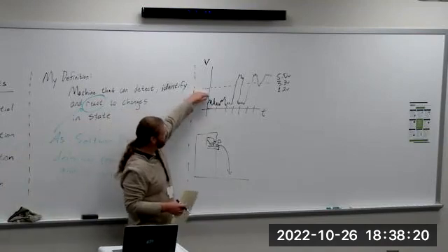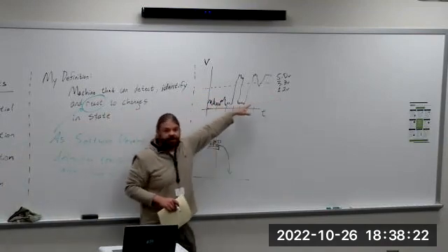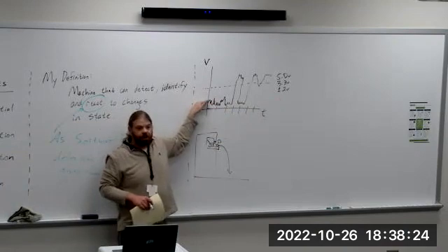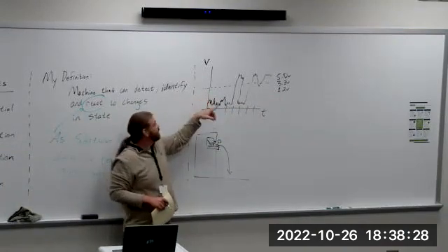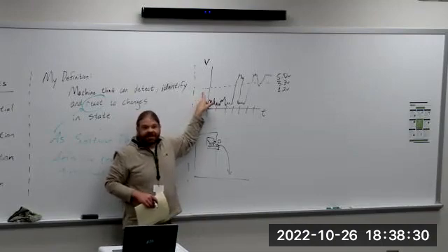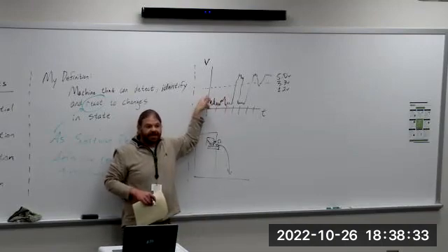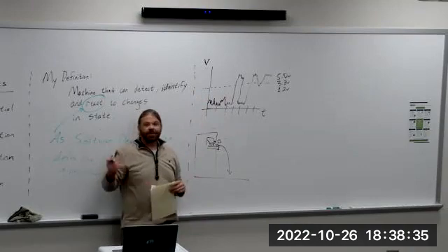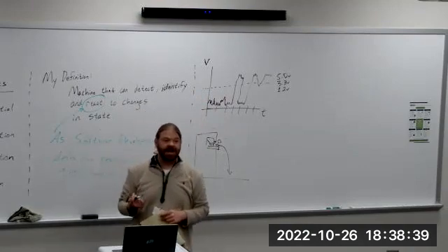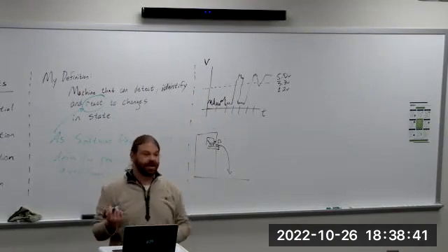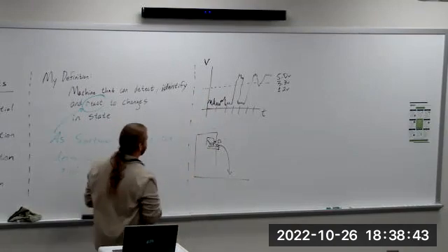So here I'll just say 1.2 volts, that's what most of our computers are running. If we're below 1.2 volts, that's not enough to turn anything on. Think of the threshold as this is enough power to turn the switch on. We can push a button like a button on a flashlight. If there's not enough power left in the batteries, we'll push the button, but it's not going to come on. We don't have enough voltage.